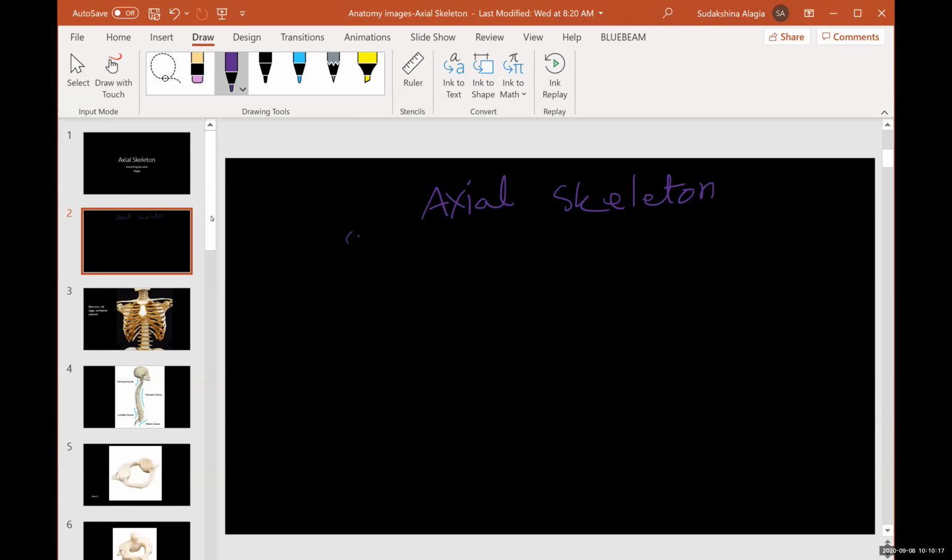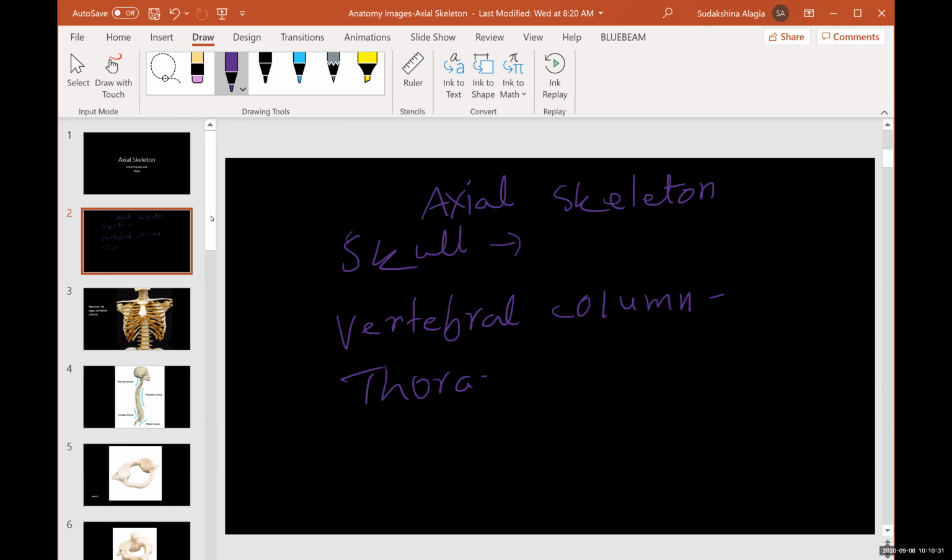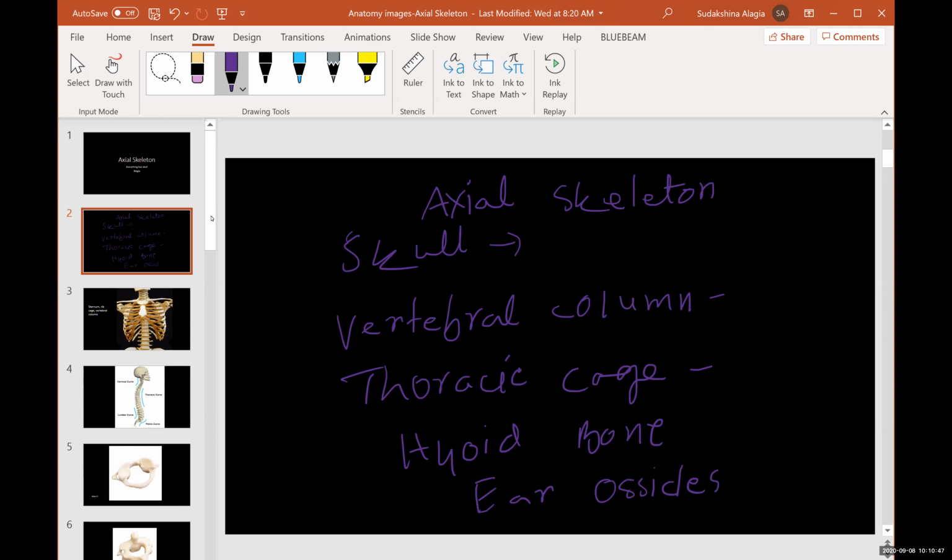So axial skeleton, as we know, comprises of skull, which we already covered, vertebral column, which we'll cover today, thoracic cage, which I'll likely not talk about unless there are questions, and the hyoid bone, which is kind of a standalone bone, and of course the ear ossicles, which there's no way we can cover them now, but we'll be covering them later when we're studying ear anatomy, which is toward the end of the semester.